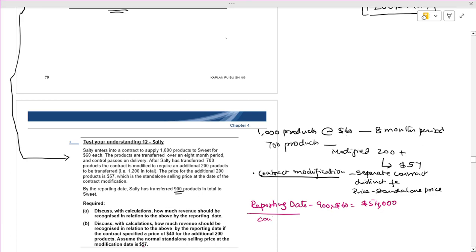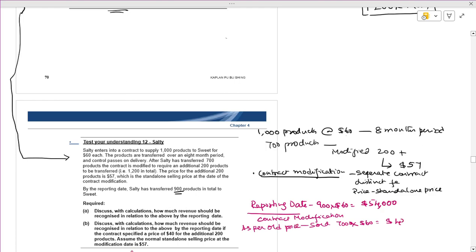Contract modification. How much have they sold as per the old contract? 700 times 60, as the contract was at the old price.